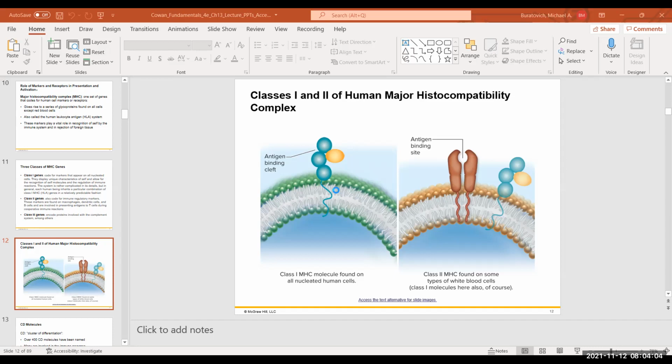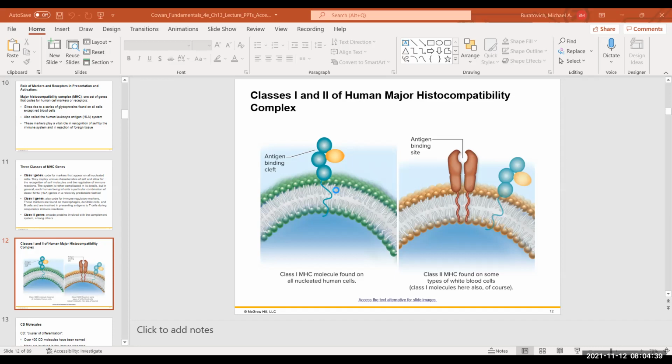Only the B cell that has an antibody on its surface that recognizes an antigen will divide and make lots of copies of itself. Same thing with T cells: only the T cells whose T cell receptor recognizes that antigen, out of the whole population of T cells in your body, will end up dividing.